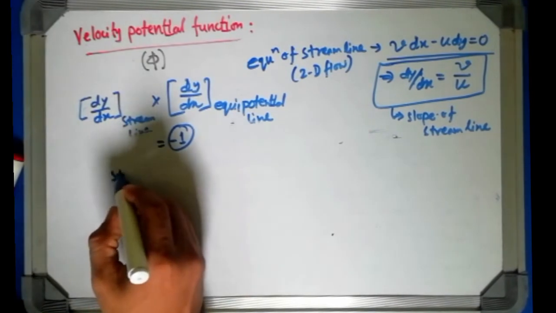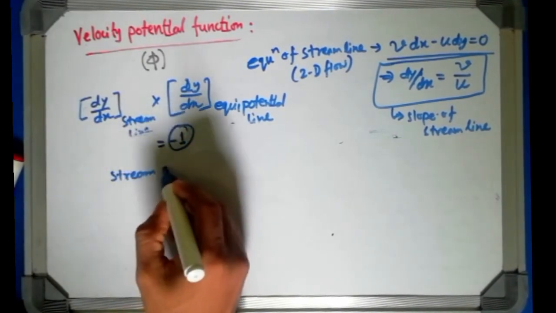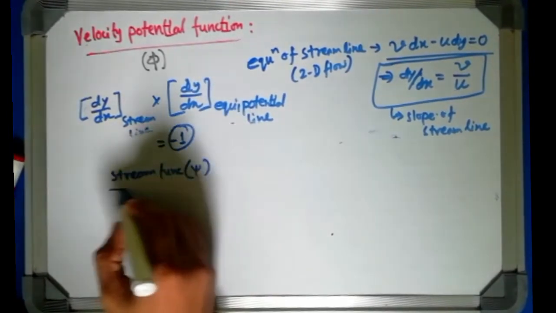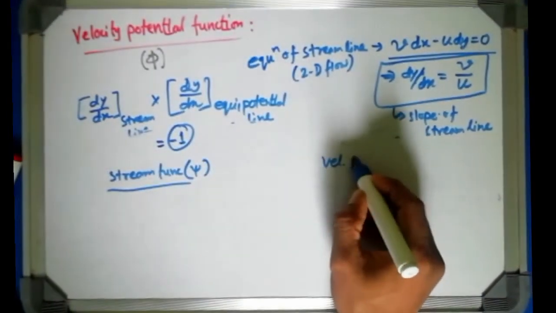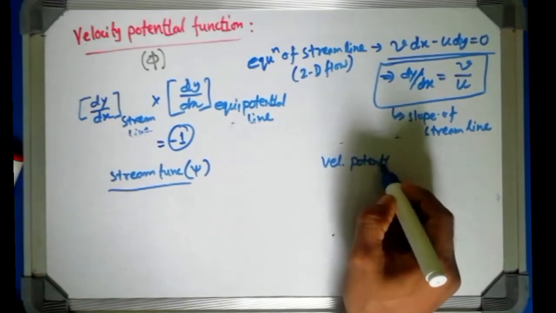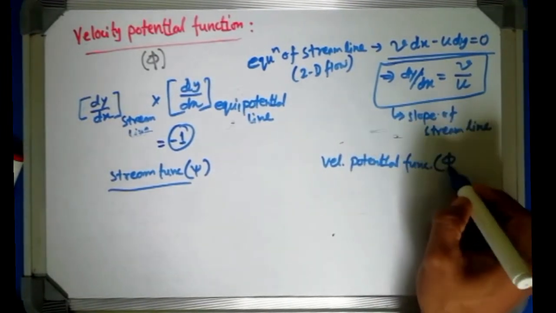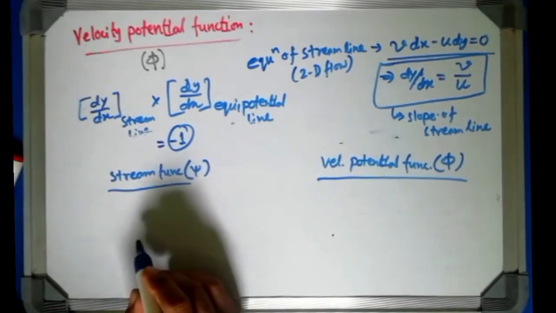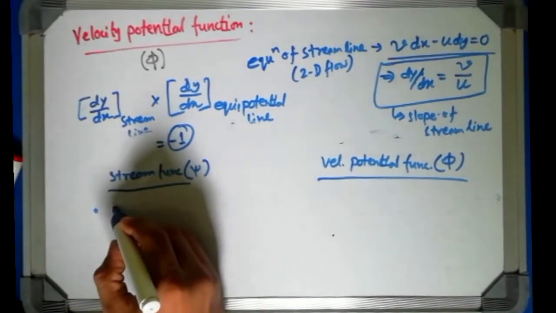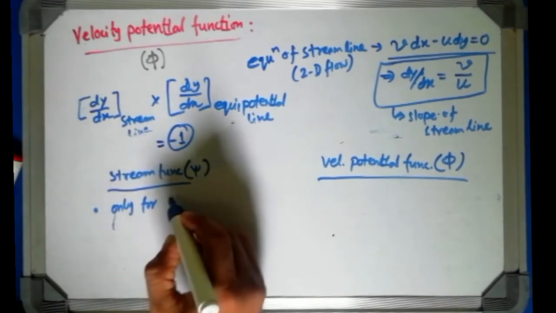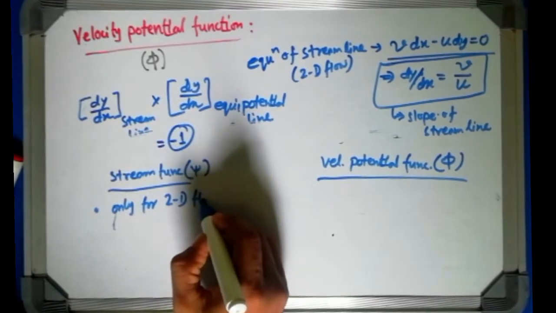So if I make a comparison between stream function, that is psi, and velocity potential function as phi, then stream function is only valid for 2D flow.